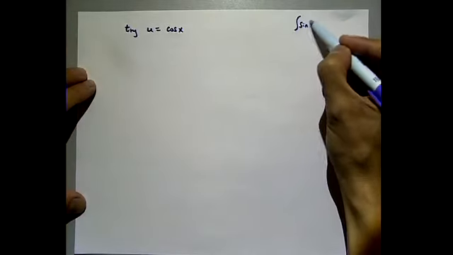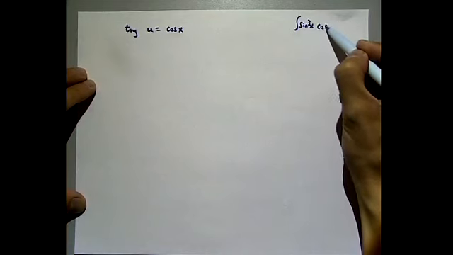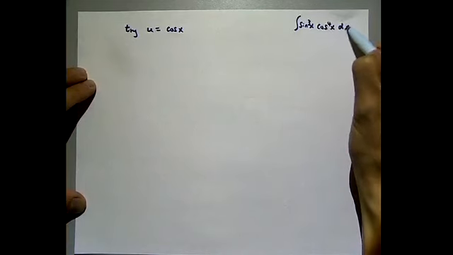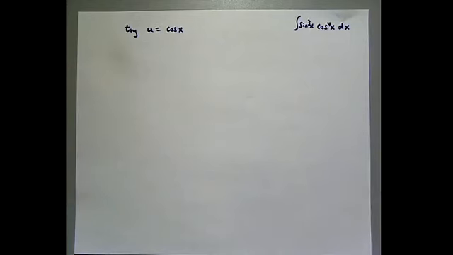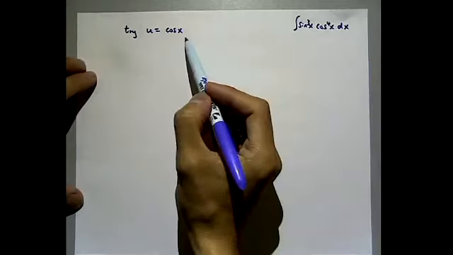All right, so let me write the integral here again, just for reference. Last time using u to be sine, we didn't go anywhere significantly. So we're going to try letting u be cosine this time.